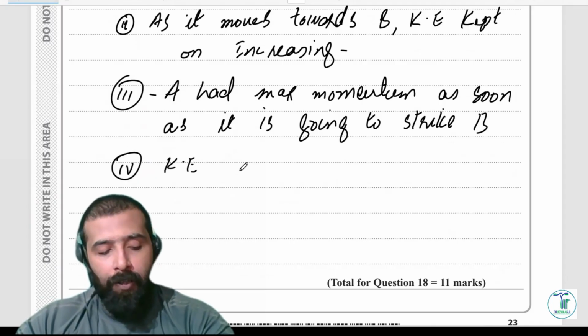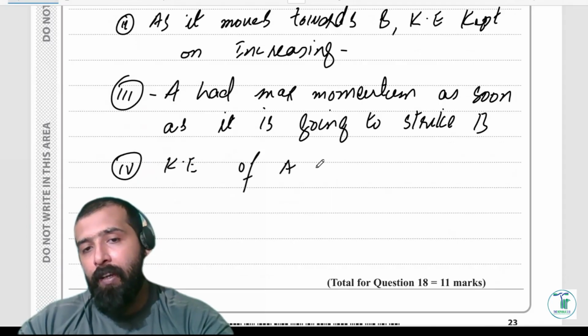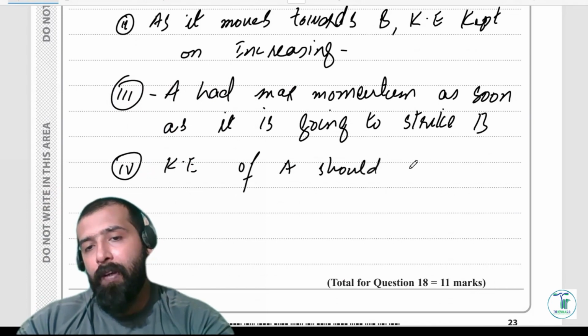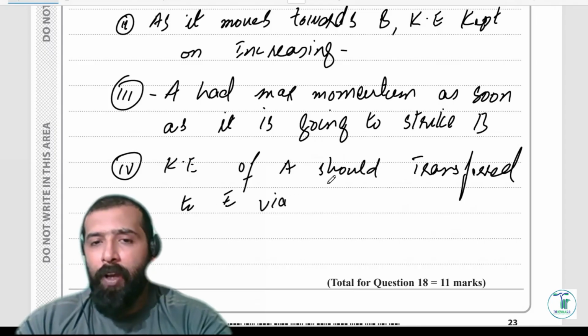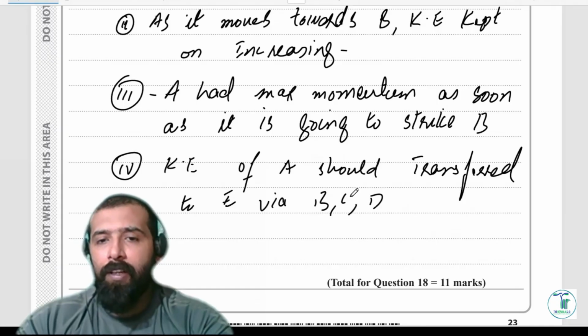So now, kinetic energy of A should be transferred to E via the middle balls, via B, C, and D, I guess.